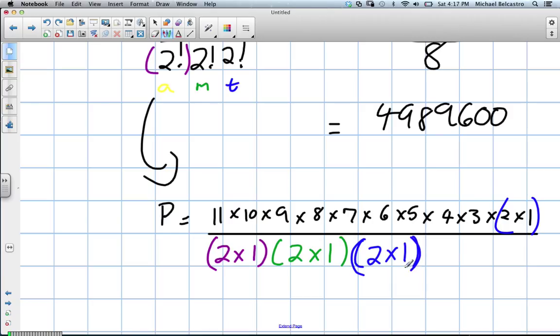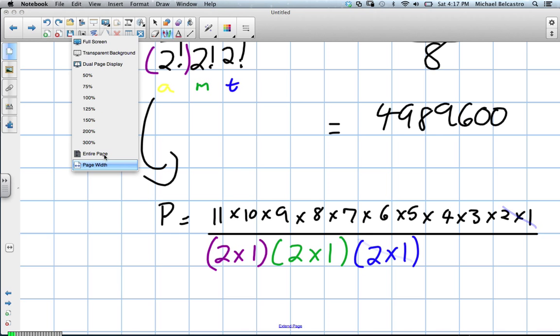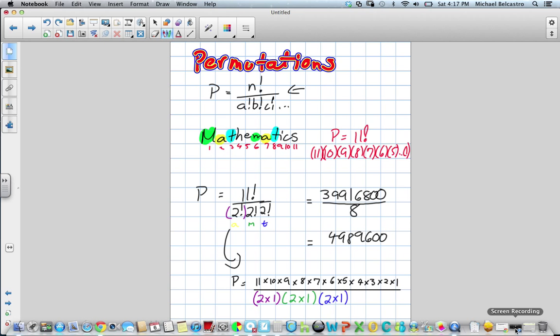If I didn't have a calculator and needed to do this by hand, this and this could cancel each other out. And we'd actually only need to go from 11 to 3 divided by 2 times 1 times 2 times 1. We could kind of drop these off. It doesn't matter because we have calculators, we can work it all out the long way. But just as a side note, that's what this could be written as. Okay, so there's permutations when we have redundancies.